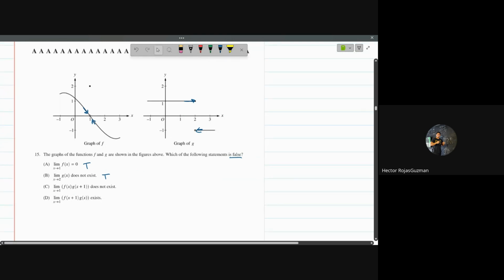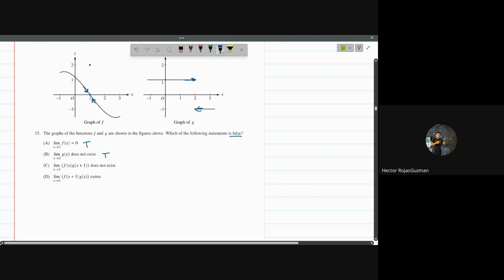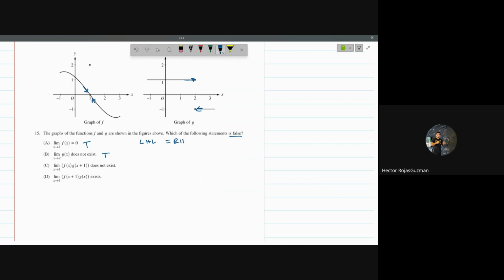This one looks a little tricky because they both look like they might be true, but one of them is in fact false. So let's go ahead and start with C. If the limit's going to exist, then the left-hand limit must equal the right-hand limit.